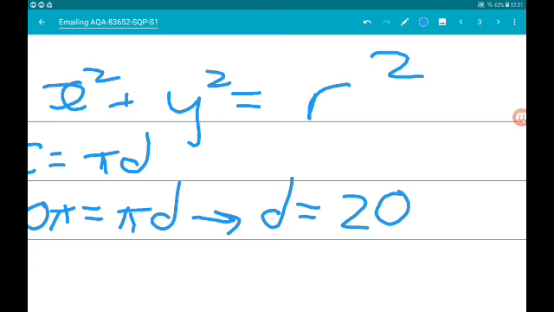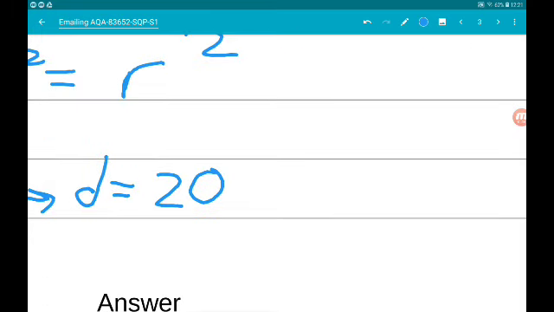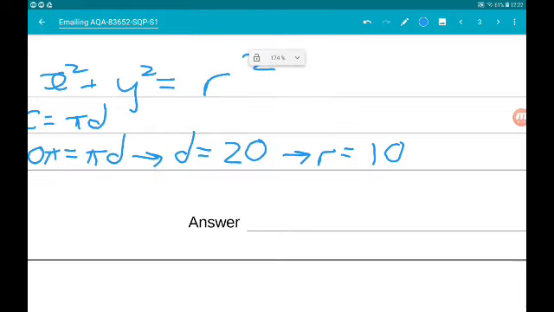So the radius is equal to 10. So the equation of the circle is x squared plus y squared is equal to 10 squared, so 100. Cool.